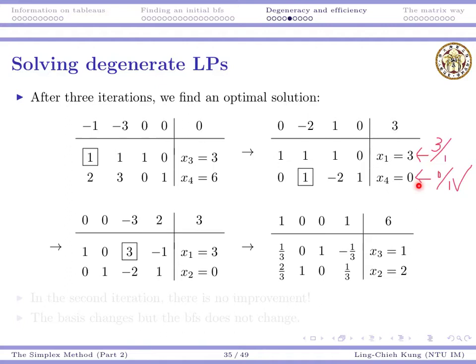If you really do so, we get to the third tableau. Here, we see that the right hand side of the second row will be identical, and there will be some other number that will still be 0. In this case it's x2 that we try to enter.